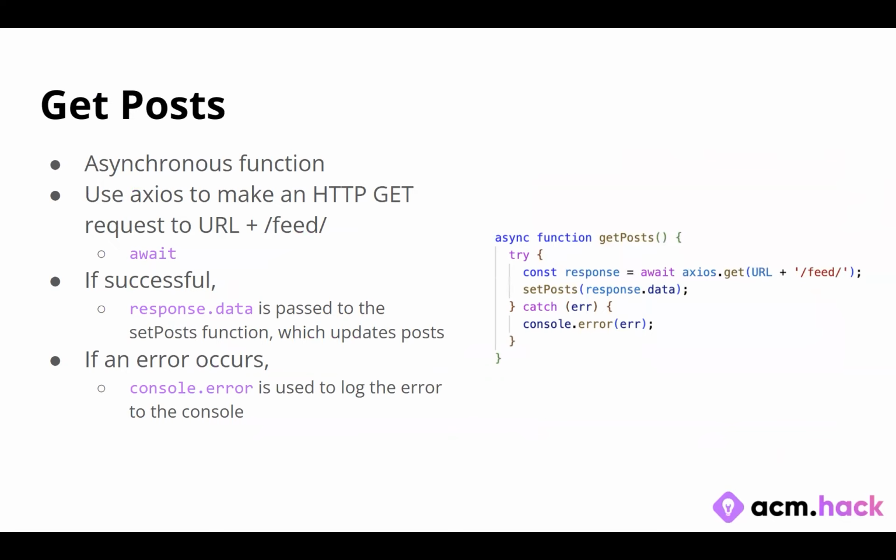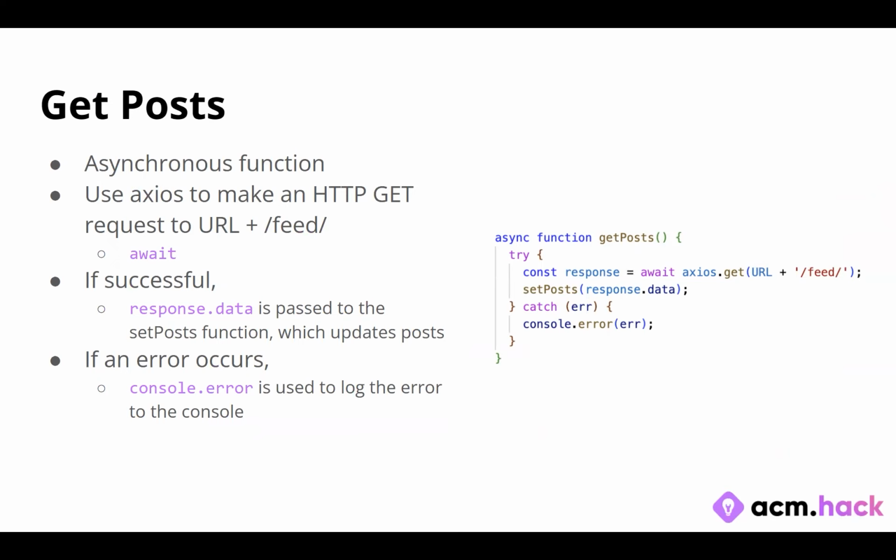Now we're going to write some getPost and deletePost functions, and these are really similar to some functions we've written in the past, but I'm just going to go over it so we're familiar with it. So getPost will be an asynchronous function, and you'll use Axios to make an HTTP GET request to the URL + /feed, and then you want to use await.